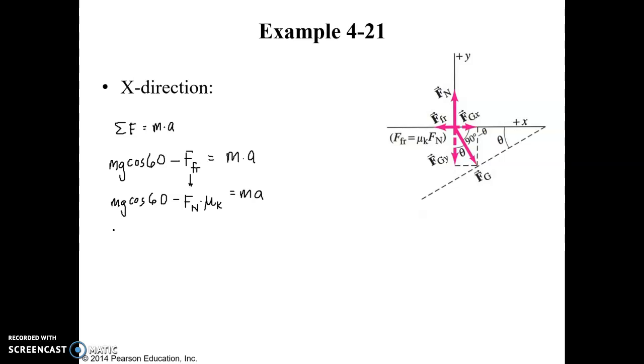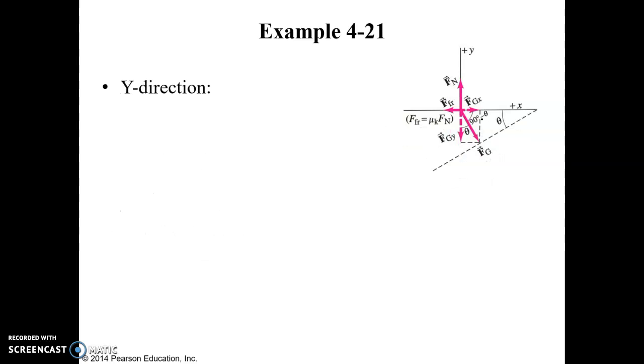So this is 4.9 m minus the coefficient of friction, 0.1, Fn equals, we can just say ma. We don't know the skier's mass. It was not given. So that's about as far as we can go in the x direction. Let's move on to the y direction now.